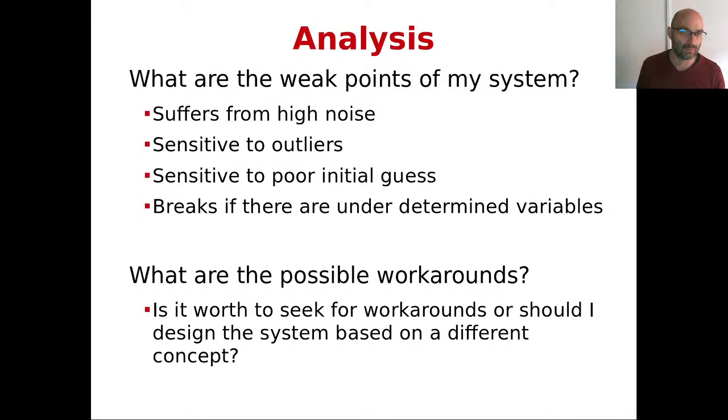And also, another thing: how does my system operate in underdetermined conditions? Like, it might be that you observe the landmarks very seldom, and then how does it work with these poor observations? Does it degrade, or is it able to recover whenever you see something again?